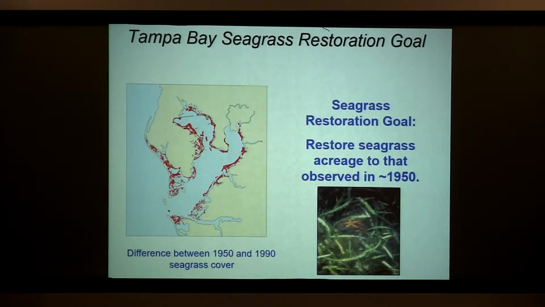The map on the left here shows where we had seagrass in 1950 and did not in 1990. So you can see that throughout Tampa Bay, we had lost a lot of seagrasses, primarily due to excess nitrogen, excess algae associated with nitrogen that fueled that algae, and blocking of the sunlight. And the grasses were retreating toward the shoreline during this period.